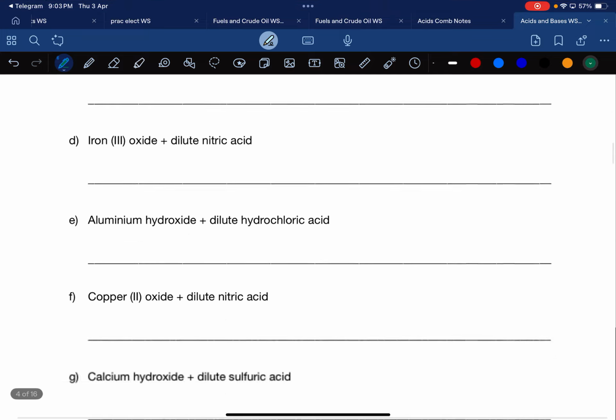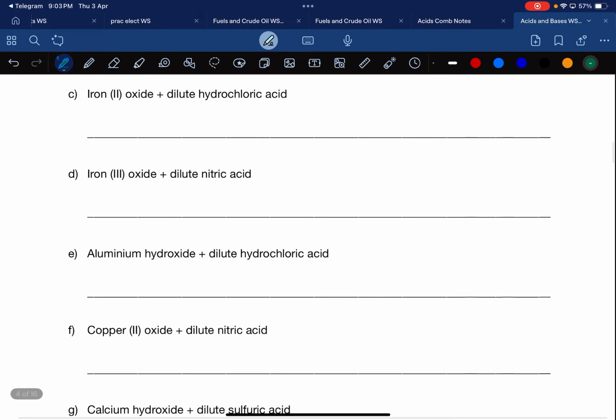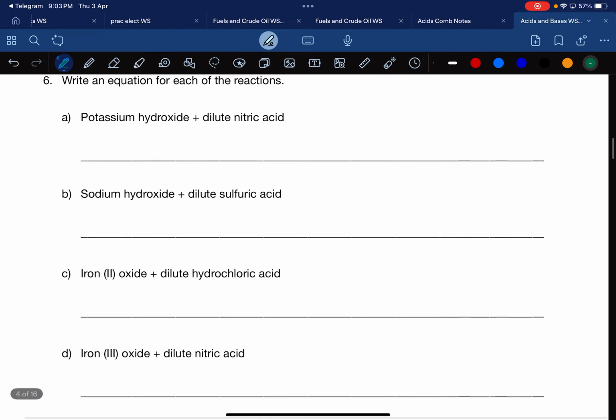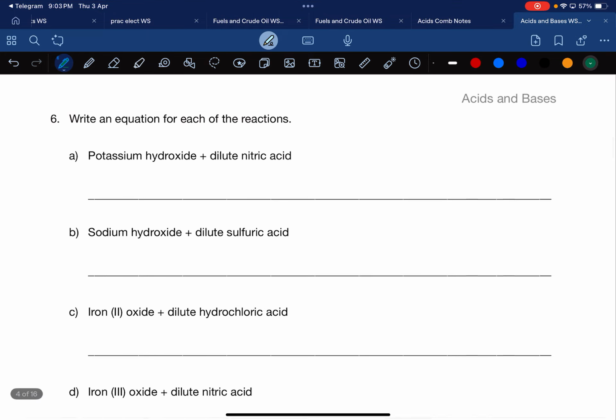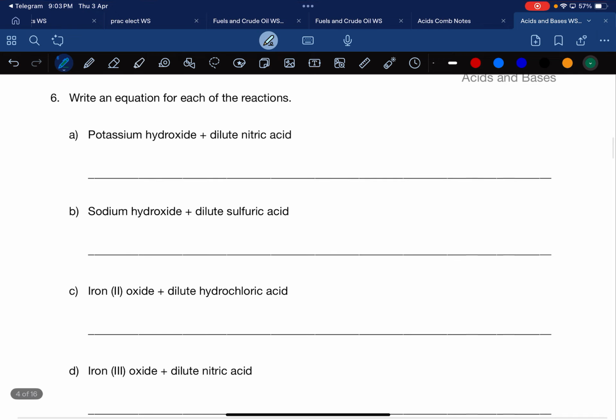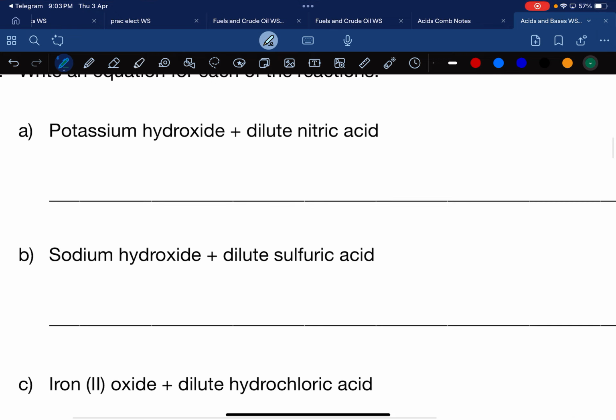I will do, okay, there are quite a few examples here. So let me help you guys a little bit more. I will do example A and example D for you. Can? Okay, let's go. Potassium hydroxide. What's potassium hydroxide? Everybody except Eva. KOH. Very good.